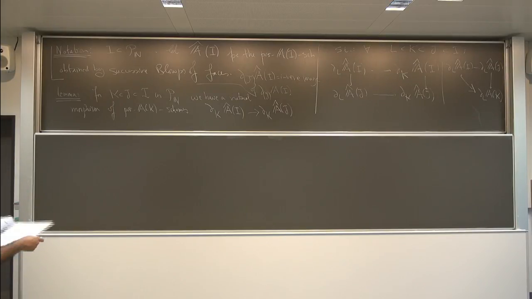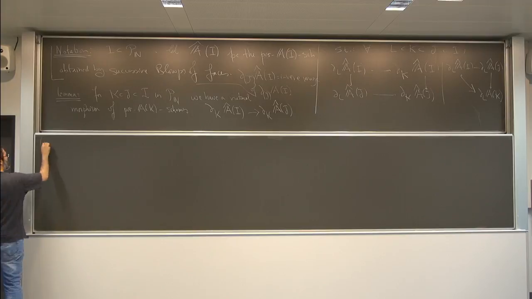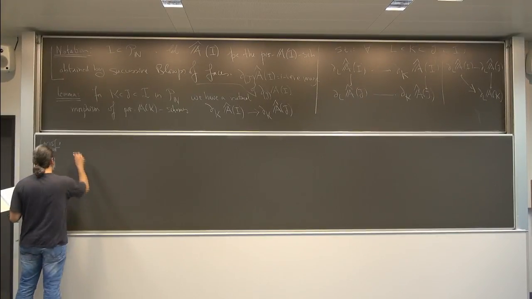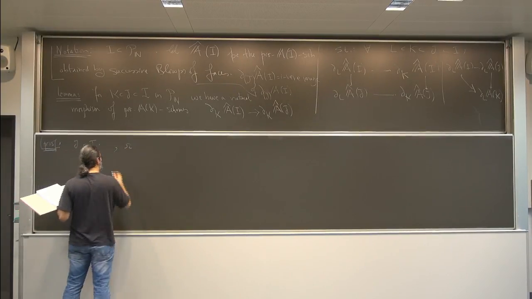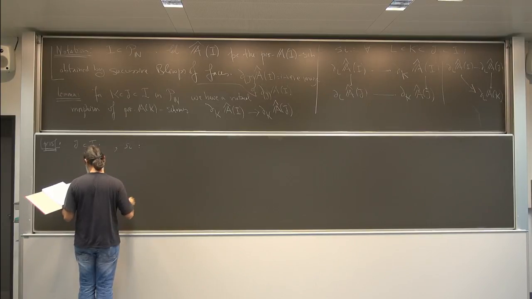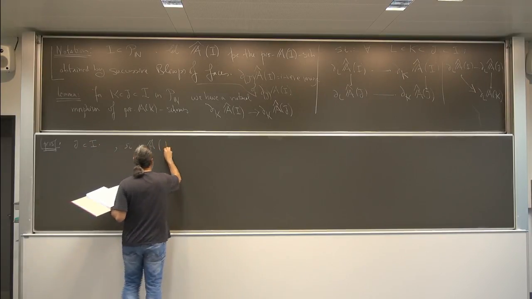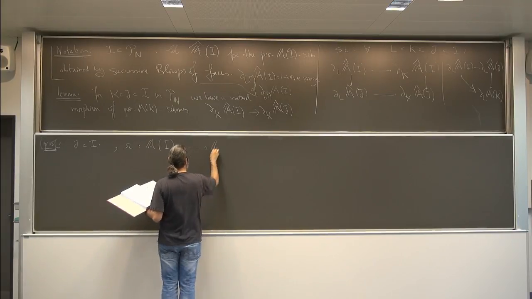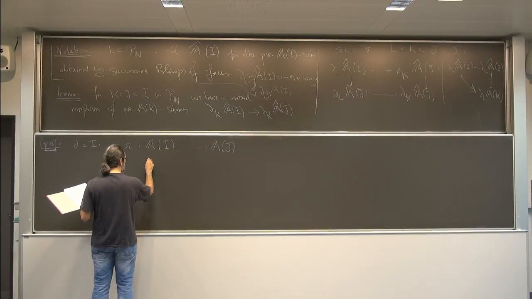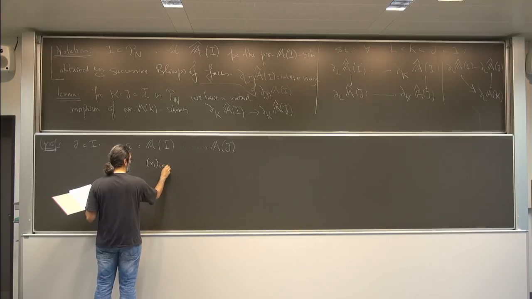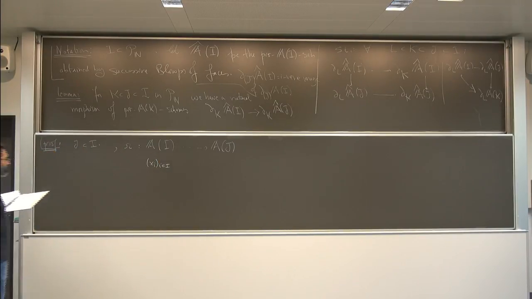All right, so let me explain the construction of these maps. Let's fix such an inclusion. We have a natural rational map R that goes from A_I to A_J.